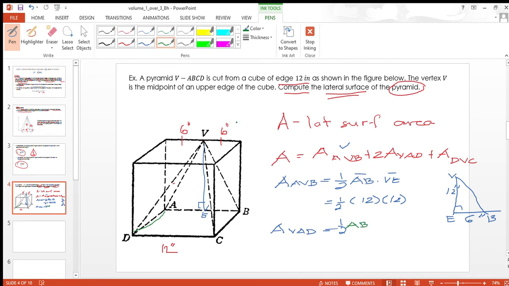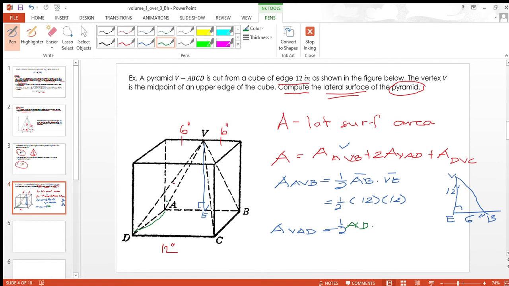Sorry, that is AD, not AB. 1/2 AD multiplied by what will be the height.